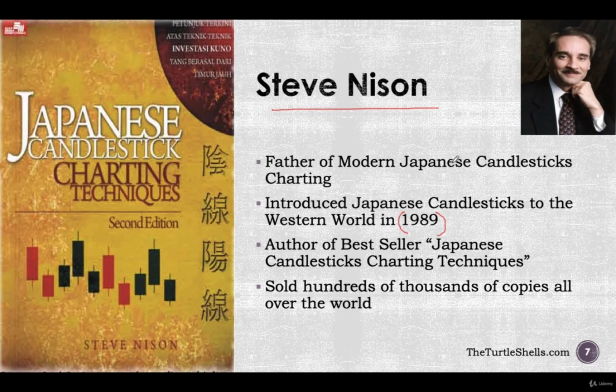So we mentioned that Japanese candlesticks are more than 2 centuries old, but it took a very long time for this knowledge to come to the Western world, and Steve Nison is the one who is responsible for getting that knowledge to the Western world. Now, most professional traders across the globe are using Japanese candlestick charting techniques along with Western indicators, of course.